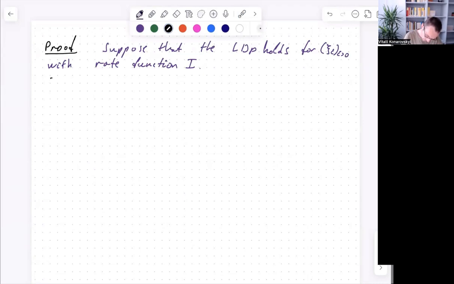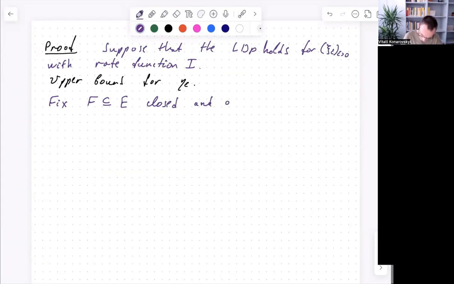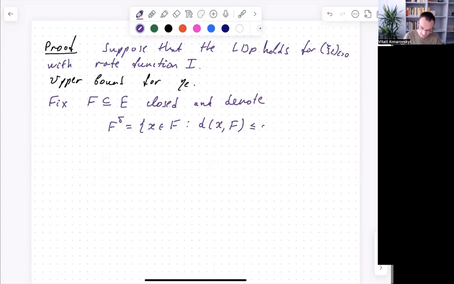Upper bound for eta epsilon. We fix F, a closed subset of the space X, and denote by F delta the closed delta neighborhood of F. Actually, it is all points x from X such that the distance between x and F is less or equal than delta.